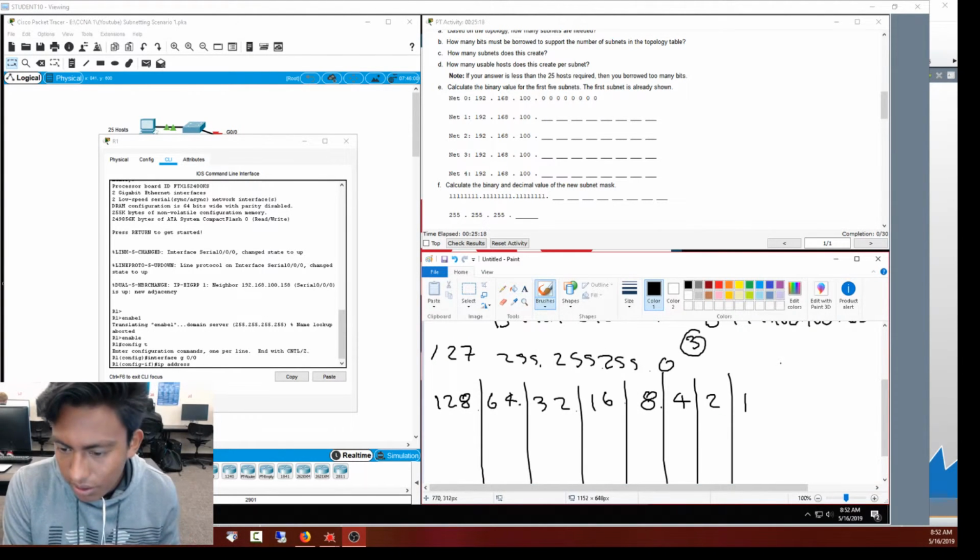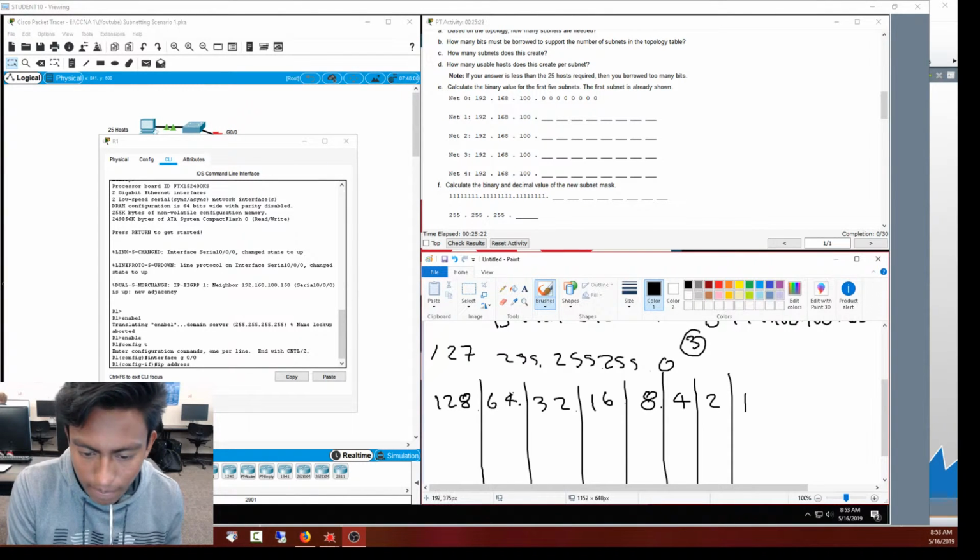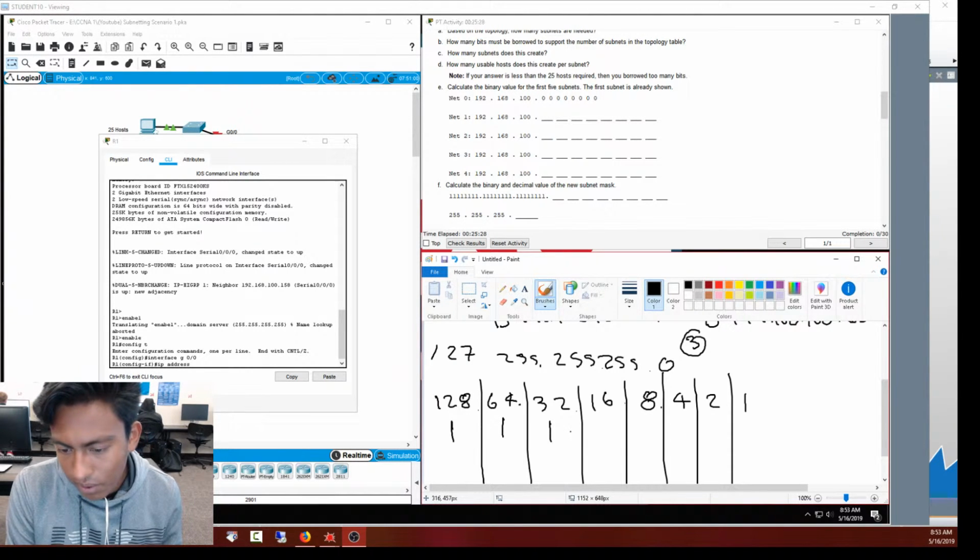And since we're now using 3 more bits from what we had originally, it's going to be a 1 for the 128, a 1 for the 64, a 1 for the 32, and the rest are going to be zeros.